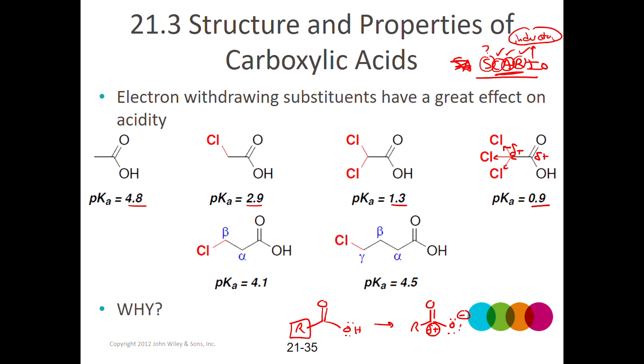Every electronegative atom we add increases the amount of positive here, and it stabilizes the negative that forms on the carboxylate, so it's more able to donate the proton and form the negative when the negative is more stable. If you put the electronegative group farther and farther away, the effect it has on the pKa is smaller and smaller. So we really only see a real significant effect when the electronegative atom is on the very next carbon out from the carboxylate.